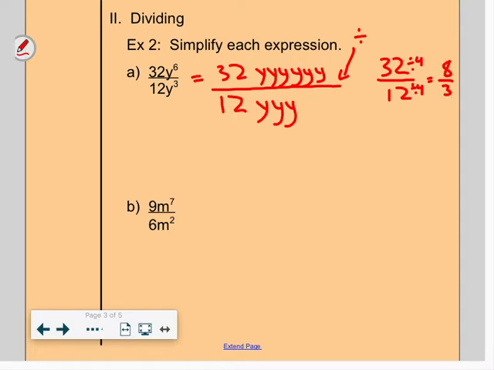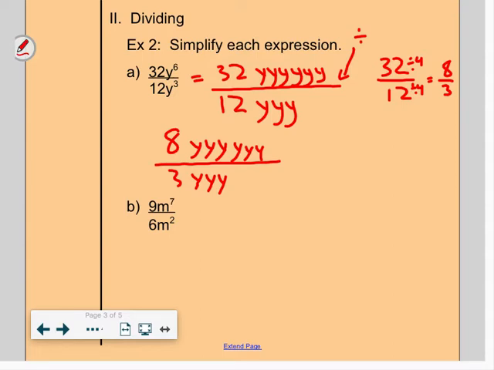Now, I'm not doing anything with the y's yet. So what I've got is 8, and then all these little y's, and I've got 3, and then 3 more y's. Now, what's going to happen when you divide is you see a y over a y, a y over a y, a y over a y.